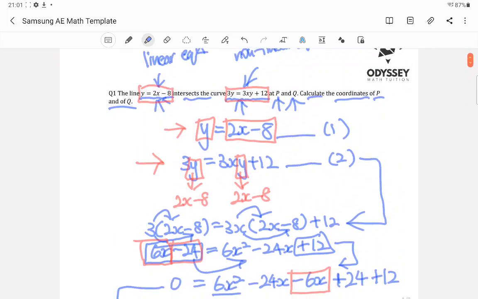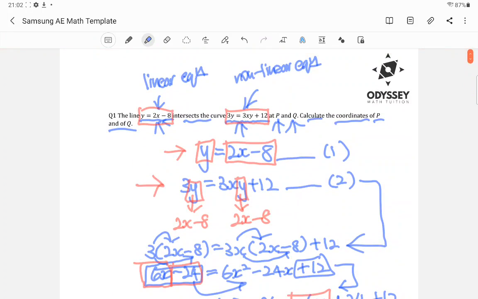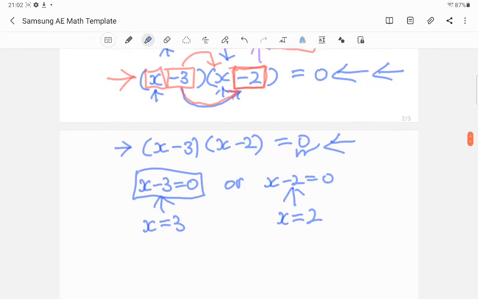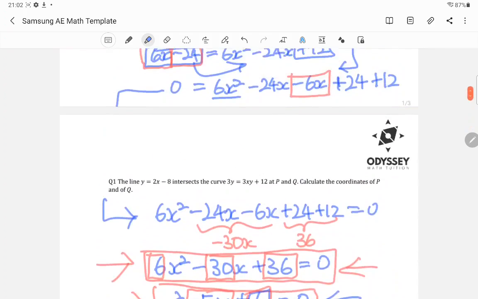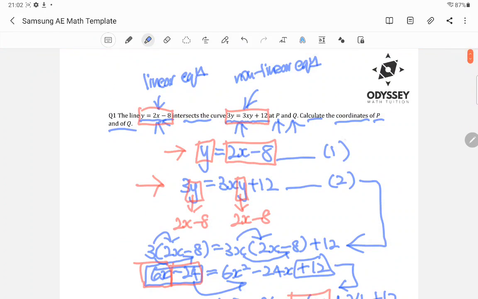Now that we have solved for the values of x, what we need to do is substitute the values of x that we have solved into either equation 1 or equation 2. My advice is you substitute the values of x into the equation that is simple.